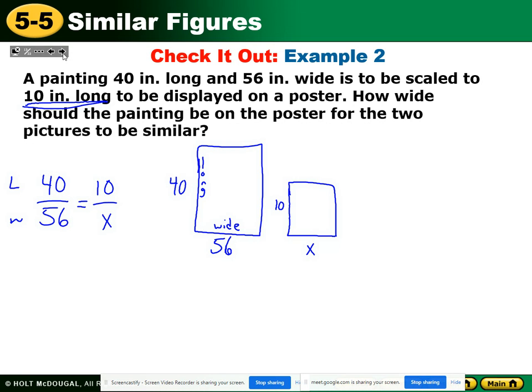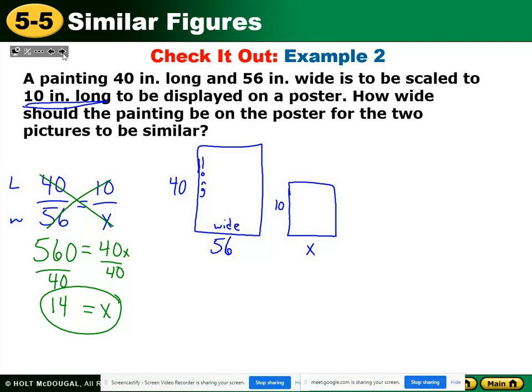All right, from here, where do we go, crew? You would cross multiply. 560. So that's 1 and then 160. 14.